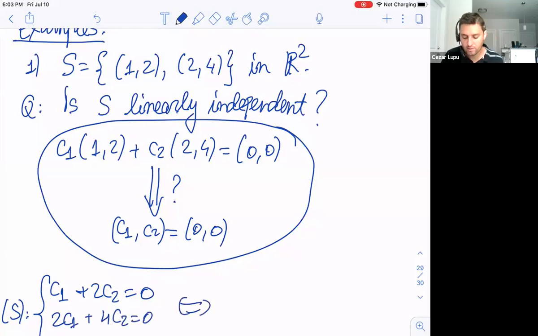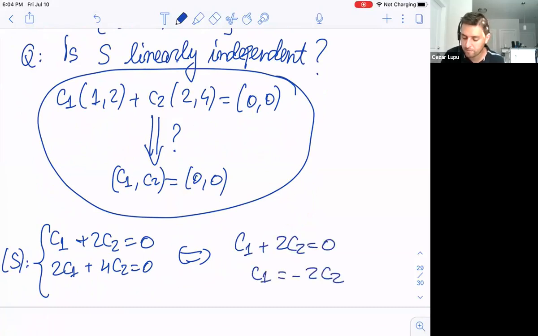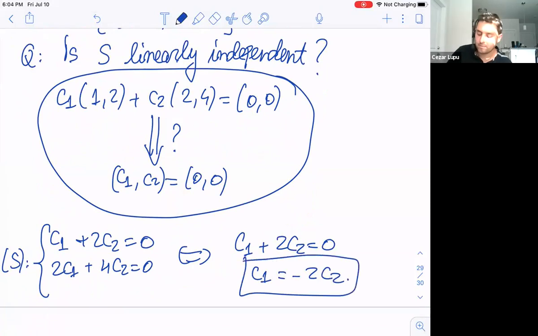In other words, the second equation is just the first equation multiplied by 2. So the only thing we care about is C1 plus 2C2 equals 0, so C1 is negative 2C2. Does it follow that C1 and C2 are always 0?